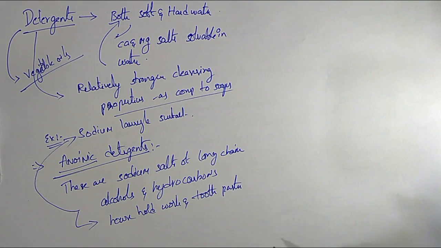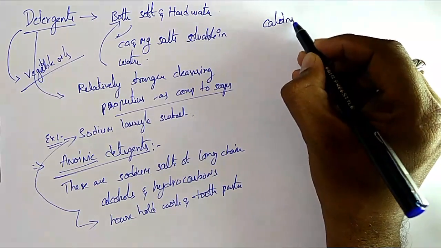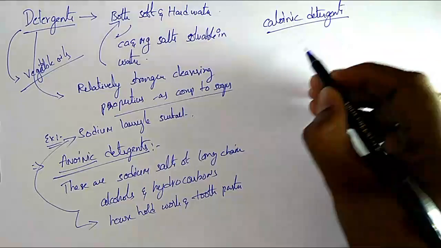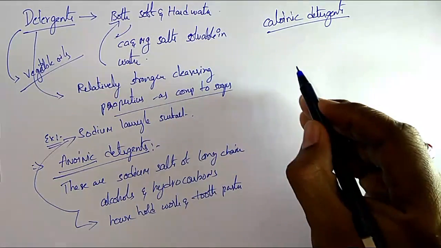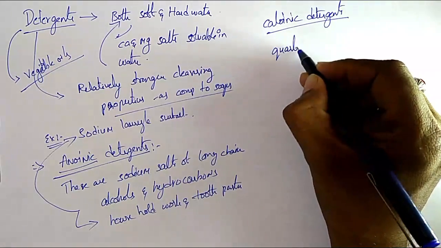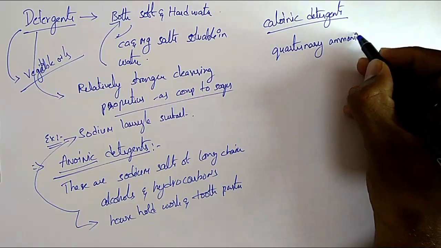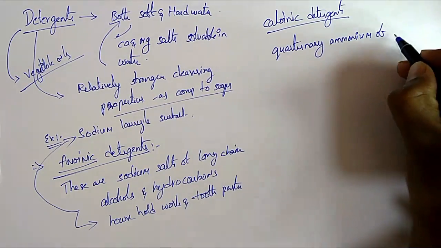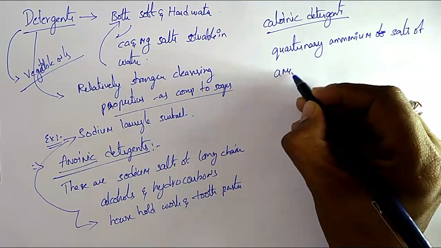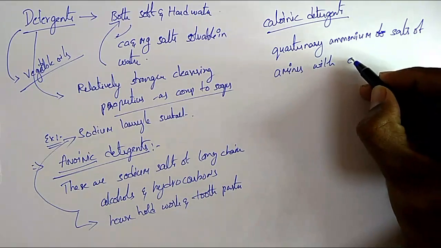Next one, cationic detergents. These are quaternary ammonium salts of amines with acetates, chlorides, or bromides.